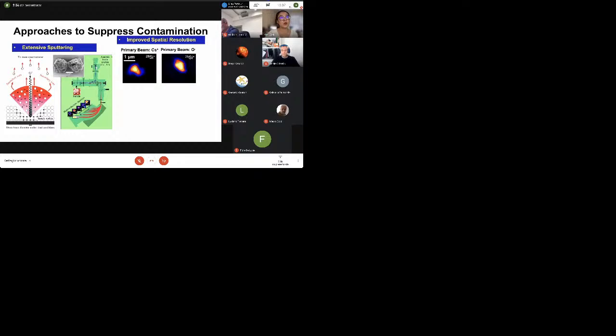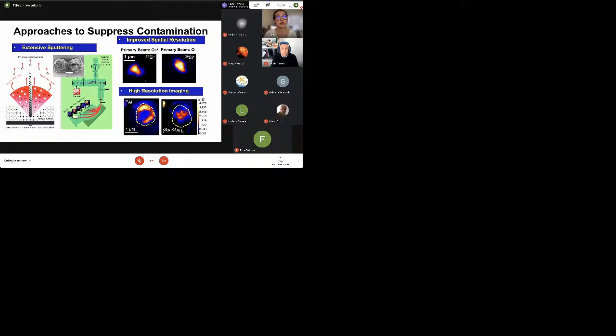In this study, we used a new generation of oxygen ion source, and its beam size is now comparable to that of the cesium source, as we can see by comparing the 2 images. They have comparable spatial resolutions here. The beam sizes for both ion sources in this case are about 100 nanometers, and as we will see in the next slide, this greatly helps suppress magnesium and aluminum contamination.